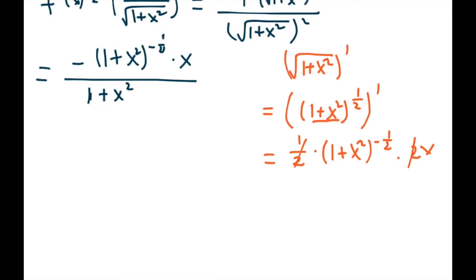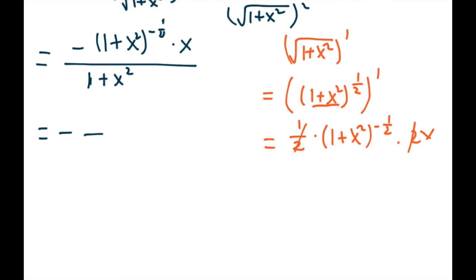So if we write it more concisely, it is equal to negative x over 1 plus x squared to the power of 3/2. Okay, so the power here is 3/2. Okay, all right, this is the f double prime.